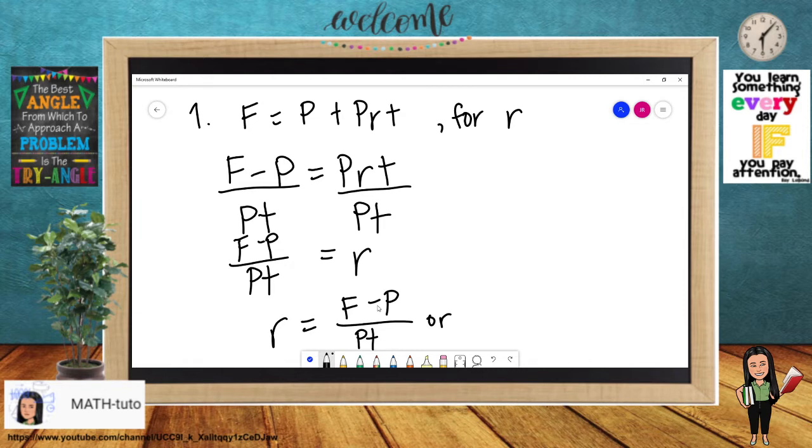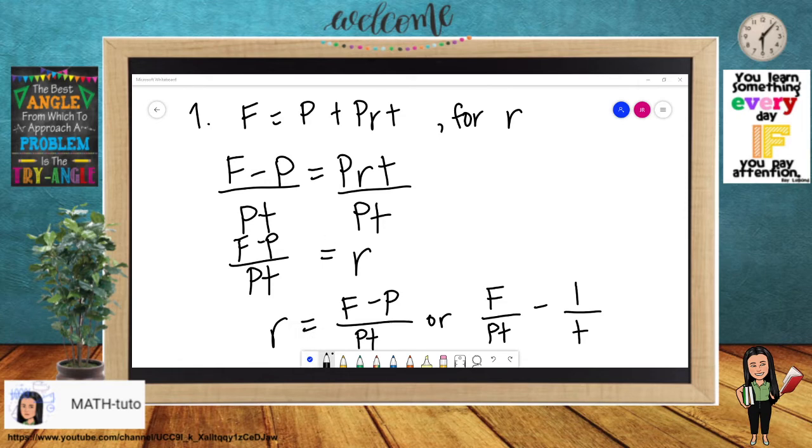Or, since there is a common term, we can write it as F over PT minus 1 over T. So this is the value of R in terms of the other variables.